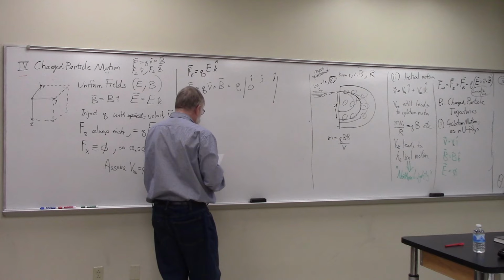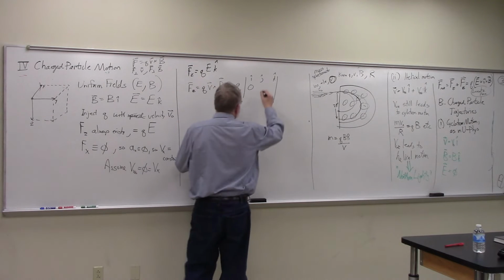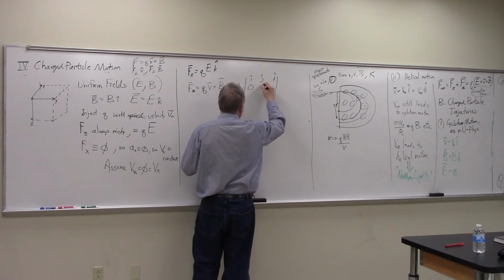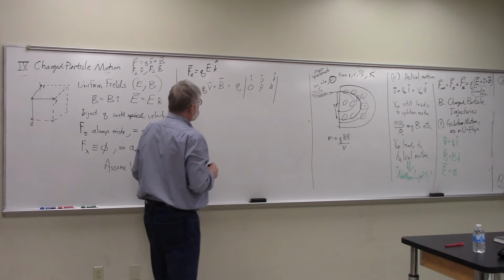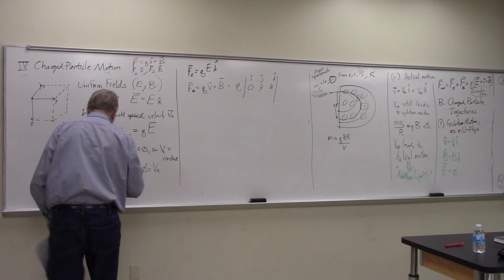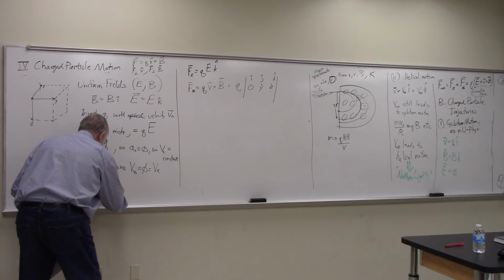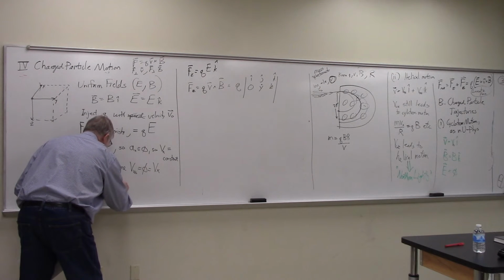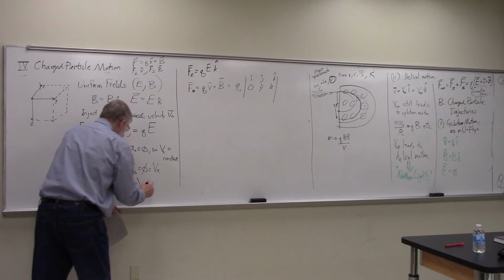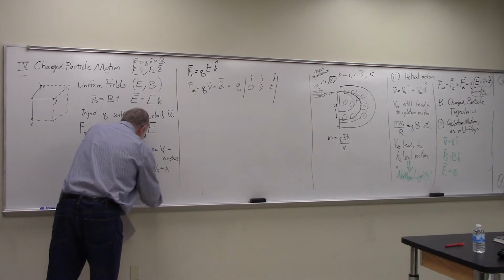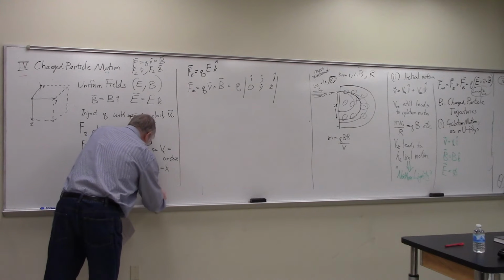And then we have a Vy, and we have a Vz. Agree that that's my velocity vector? The velocity would be x dot, y dot, z dot. Well, we just said x dot is 0, so the velocity is 0, comma, y dot, z dot.